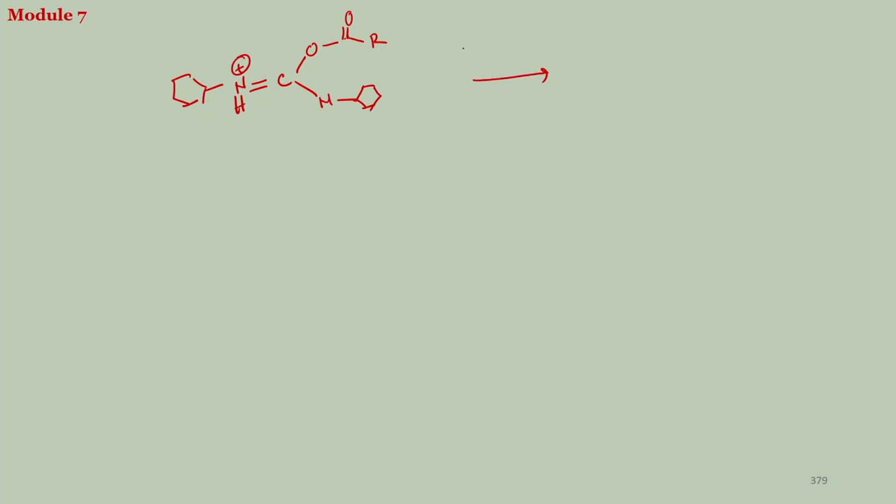Now, we have the amine. Let us say you have taken another amino acid, I am just writing R for the amino acid part, it is R prime, R dash here.